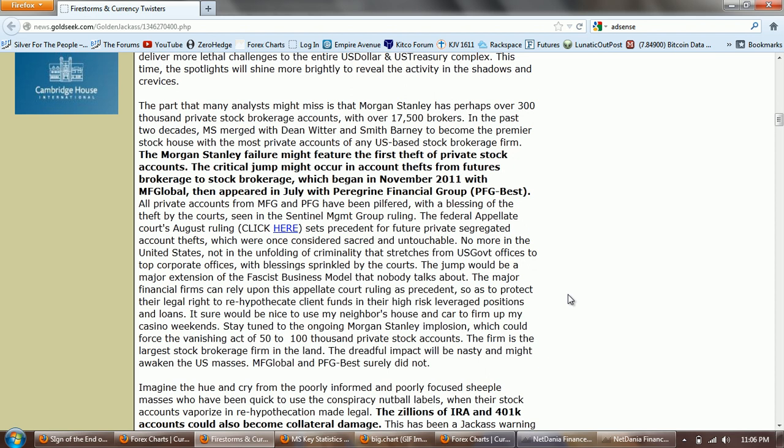The Federal Appellate Court's August ruling sets precedent for future private segregated account thefts, which were once considered sacred and untouchable. No more in the United States, not in the unfolding of criminality that stretches from U.S. government offices to top corporate offices, with blessings sprinkled by the courts.